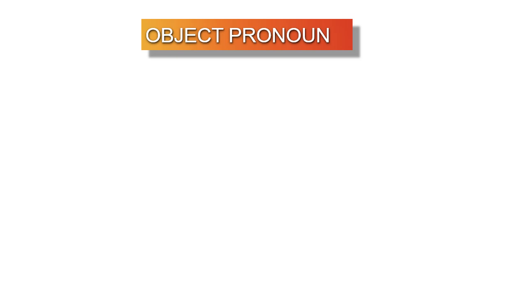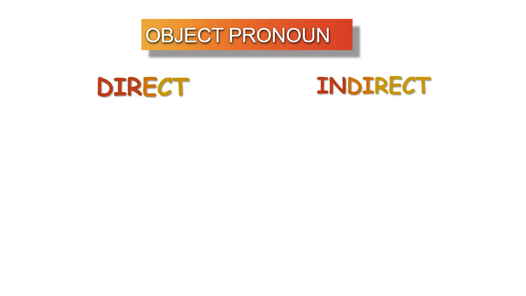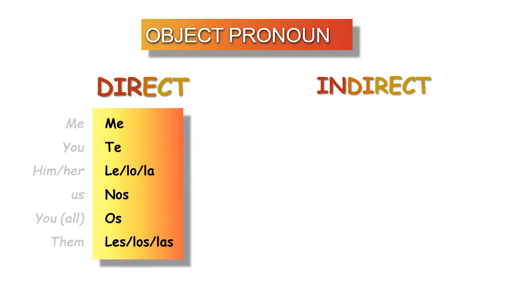So, I was saying in Spanish we have two types of object pronouns, direct and indirect. The direct object is the person or thing that receives the action of the verb directly. So, the direct pronouns in Spanish are me, te, for third person, le, lo, la. We will see that in detail later.